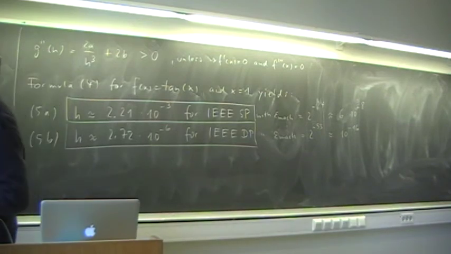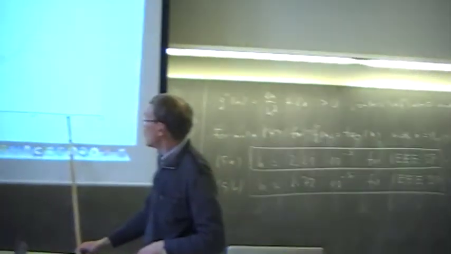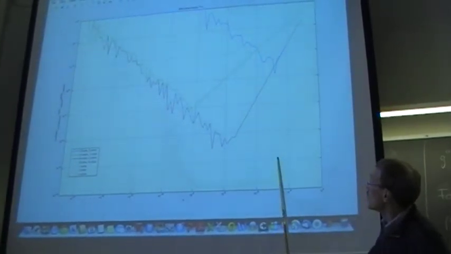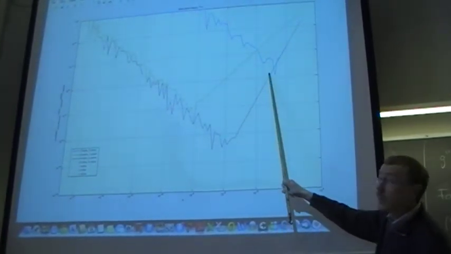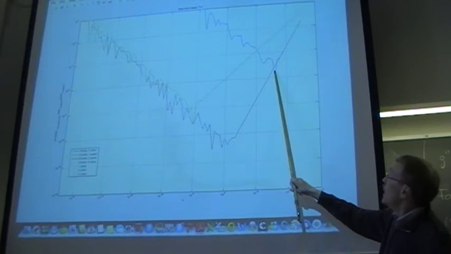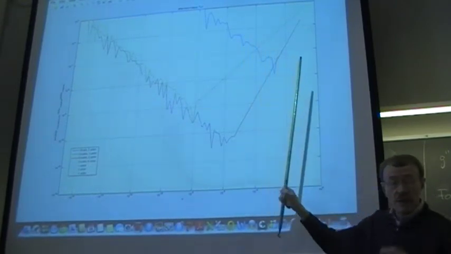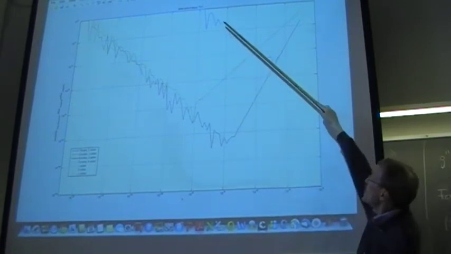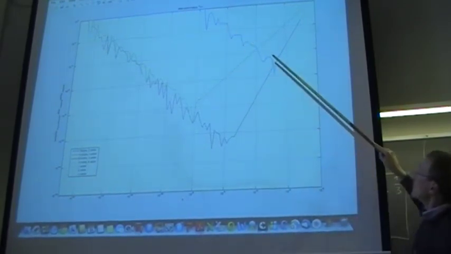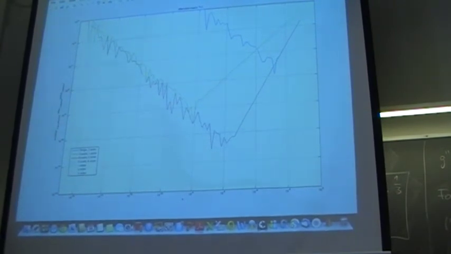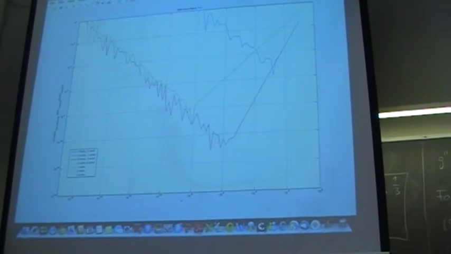We have 10 to the minus 2 here, 10 to the minus 4 here, so 10 to the minus 3 is approximately here. It's a little bit larger, so that might very well be around here, where we have the minimum. The jags we cannot predict, they are unpredictable, but we approximate everything just by a straight line. And that seems to fit quite well.